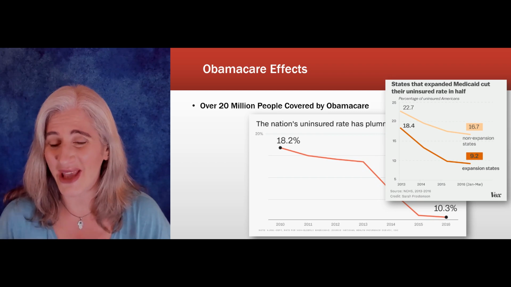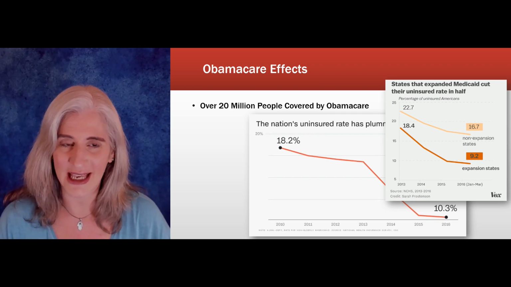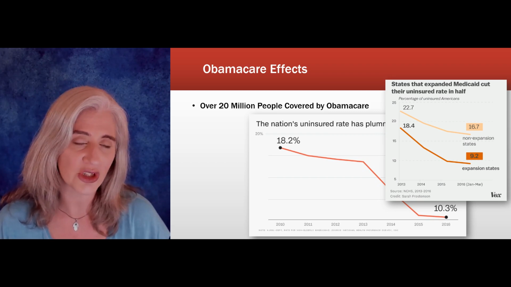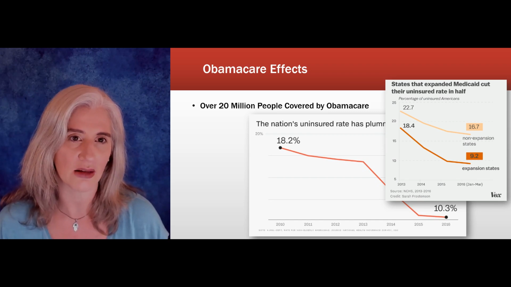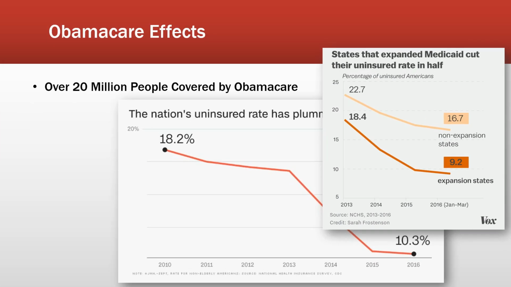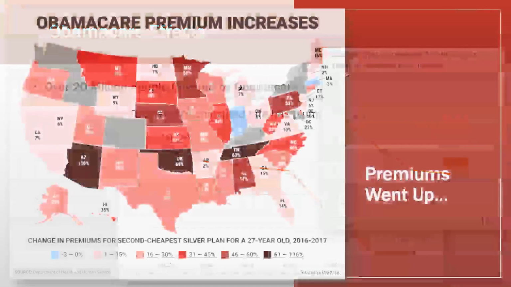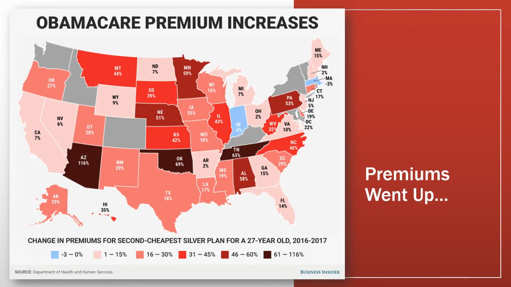But we have to look at the differences between states, because as I mentioned, not all states, particularly Republican states, expanded Medicaid. And so Republican states didn't see the drop in the same way that we saw in other states. So there were these premium increases that went along with Obamacare, and that did upset a lot of people and led to a lot of the anger at the program.